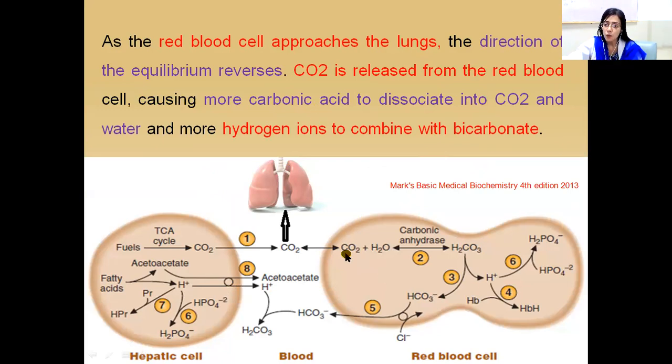Now, as red blood cells approach the lungs, what will happen? This whole reaction will reverse itself. When this red blood cell approaches the lungs, the direction of equilibrium will get reversed and carbon dioxide will be released from these red blood cells.